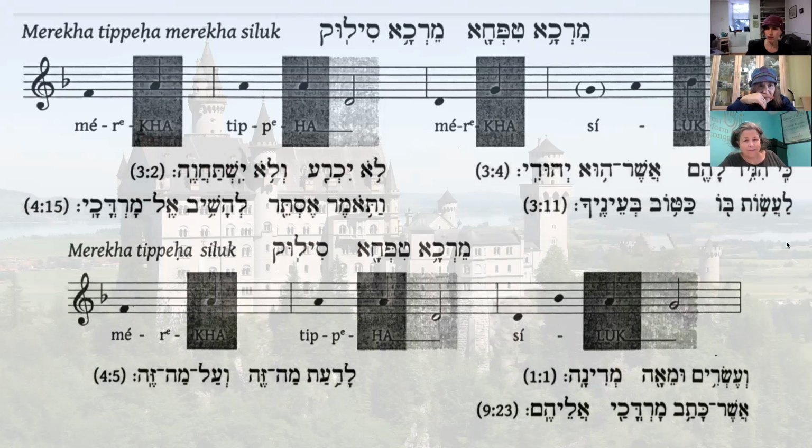Yeah, and there we have so many syllables that we need a few on that note, notated as G, to get us through all those pickup syllables. Right. Becky, do you want to do another one? Maybe the Hashiv Mordechai? Lahashiv el Mordechai. Great. Good.